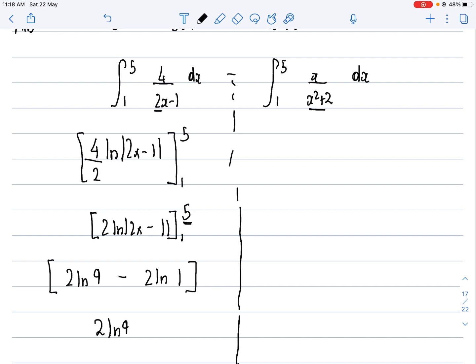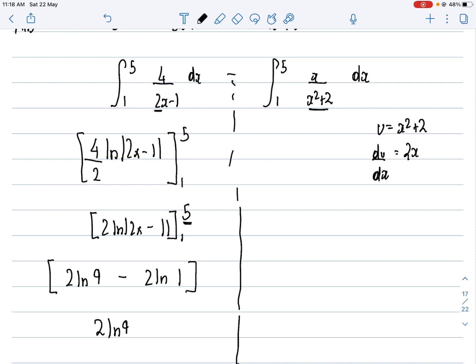Because when I differentiate x square plus 2, I know I'll get something in x, which can get cancelled with the numerator. So I can take my u basically as x square plus 2 with my du by dx basically as 2x.